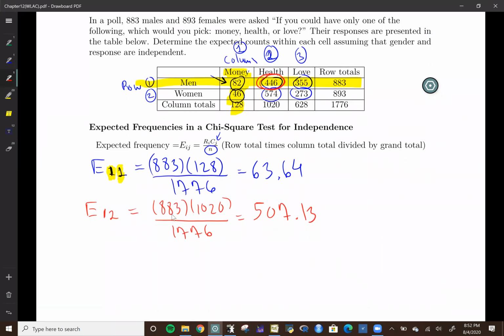All right, so let's do the third example. The third example is going to be for this one over here. That one's still going to be E1, but it's in column 3, so we put 1, 3. Since it's still in row 1, we still have to use 883. But which column is it in? So what should I put for the total of the column?